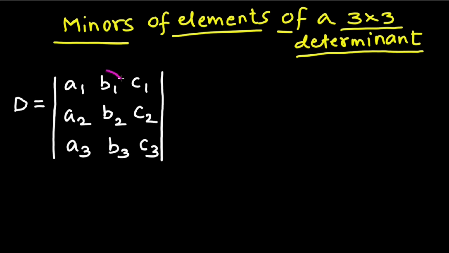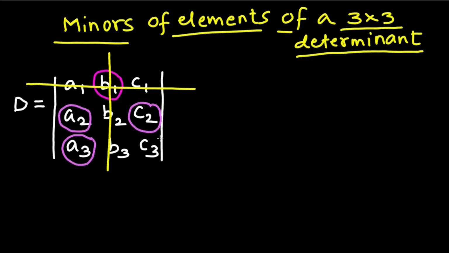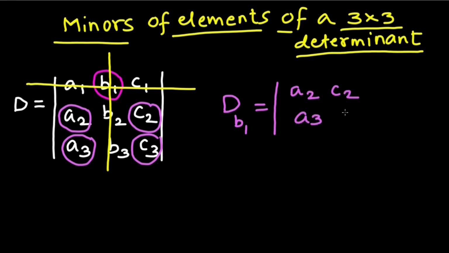Suppose we want to find the minor of element b1, then we have to hide the row containing b1 and the column containing b1. What remains is the determinant formed by the elements a2, c2, a3, c3, which we write as D b1 equals a2, c2, a3, c3, is known as minor of element b1.